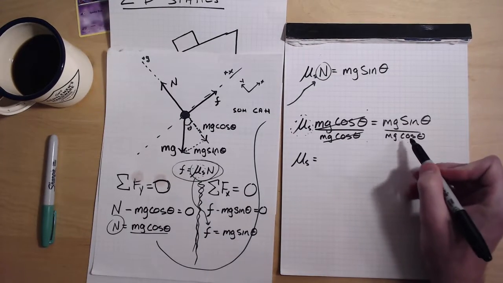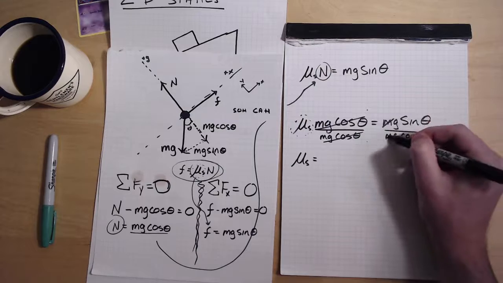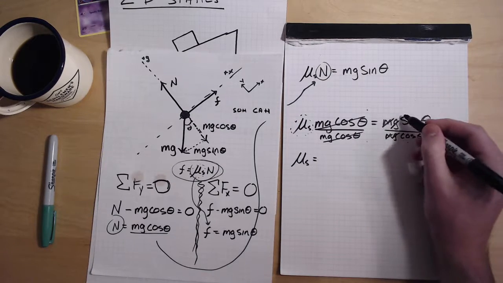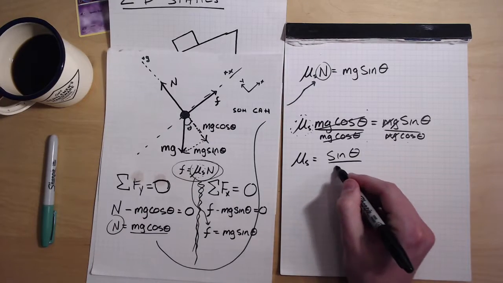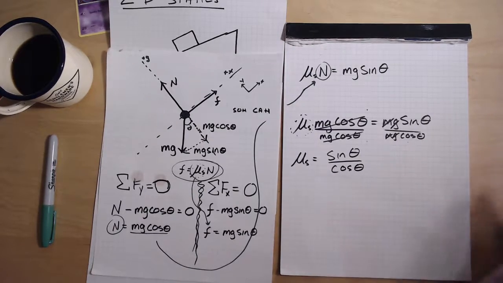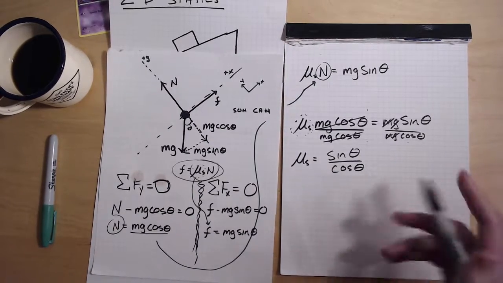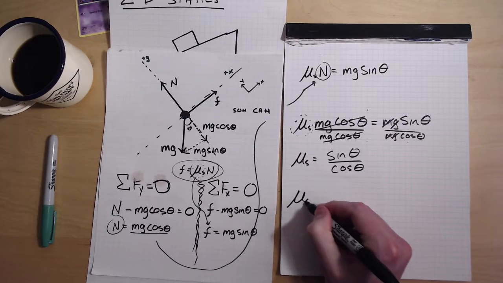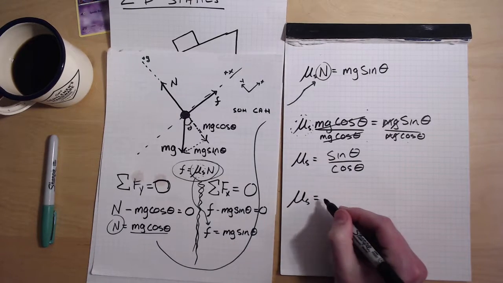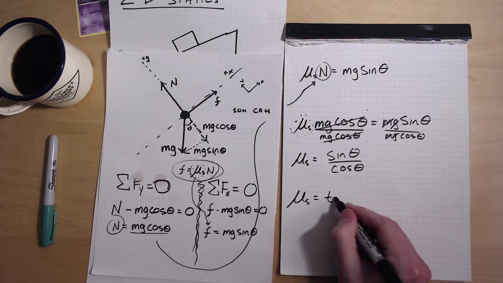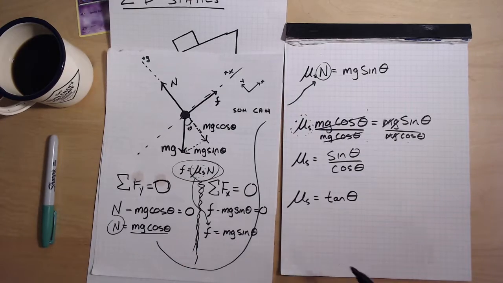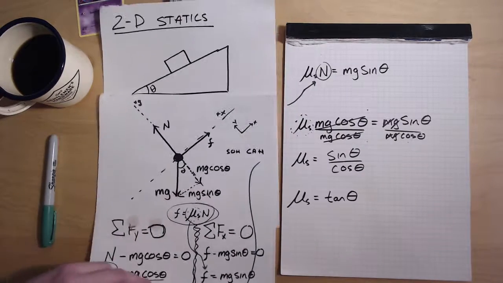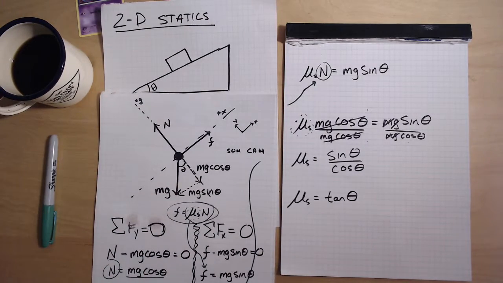And if we come over here, look at this, our m's cancel, our g's cancel, and we're left with sine theta divided by cosine theta, which if you remember your trig identities, we can get that the coefficient of static friction is the tangent of theta. So the coefficient of friction depends on whatever angle that the ramp is at.